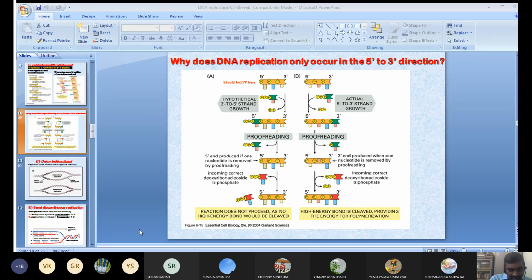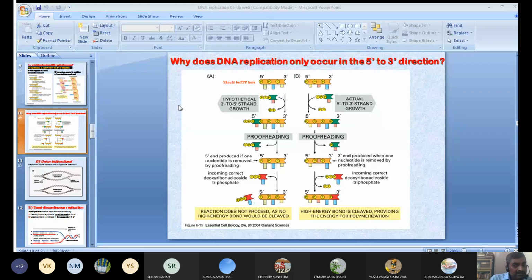So here, what will happen if it is in the 5' to 5' direction? Figure A represents what happens if the nucleotide is added at the 5' end. Let's imagine there is a 5' phosphate group and a 3' OH group, and the 5' end will become a triphosphate.